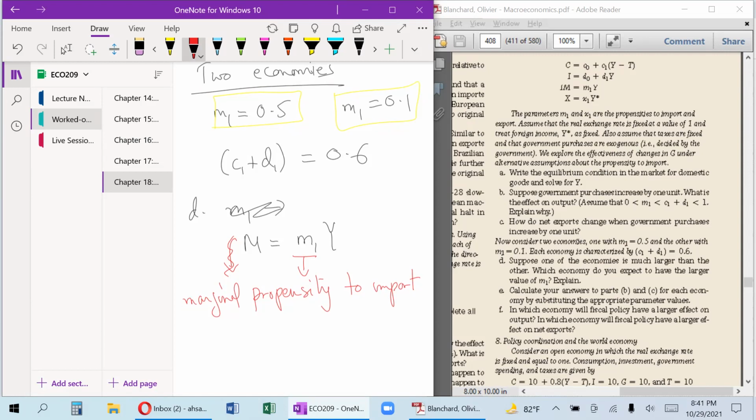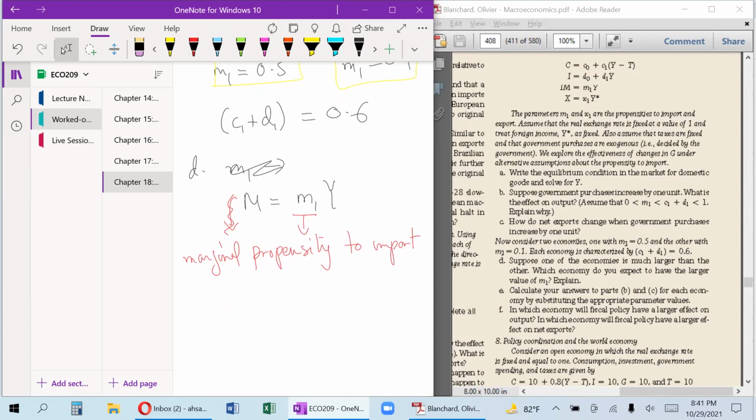Now, the question in D is, which economy do you expect to have a larger value of M1? Effectively, which economy, the larger or the smaller economy, will have a higher propensity to import? The answer to this, once again, before you look at what my answer is, it would be good if you pause the video and try to figure it out on your own.